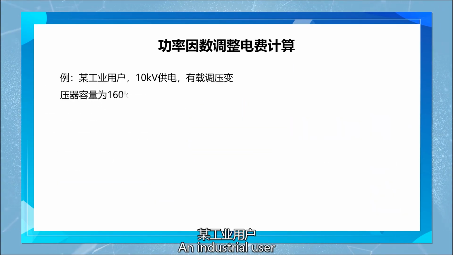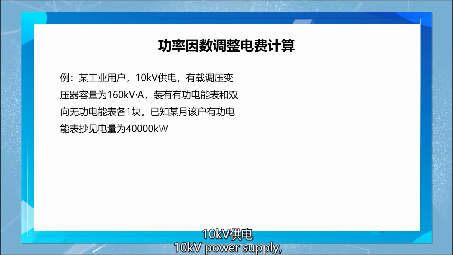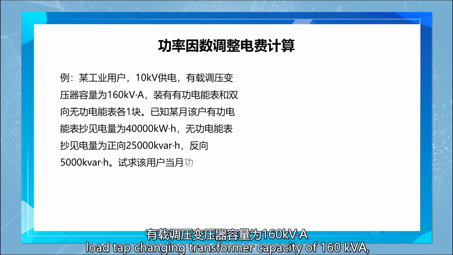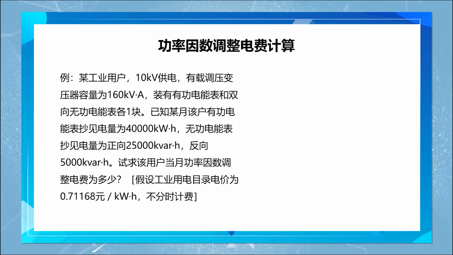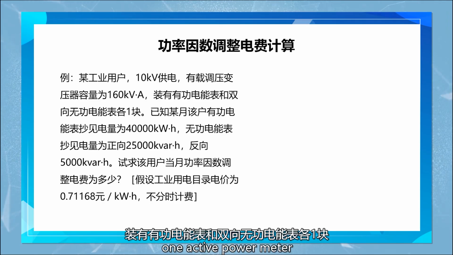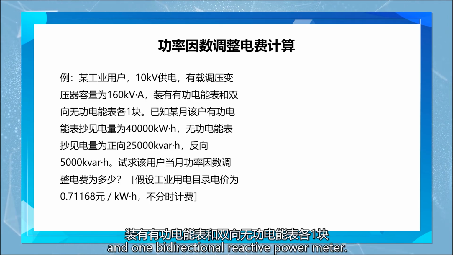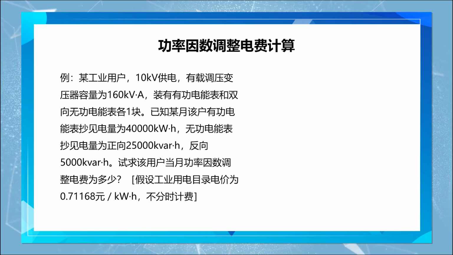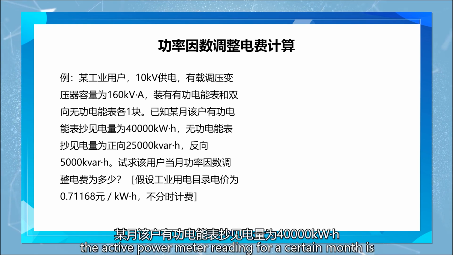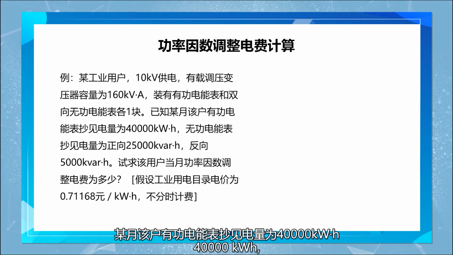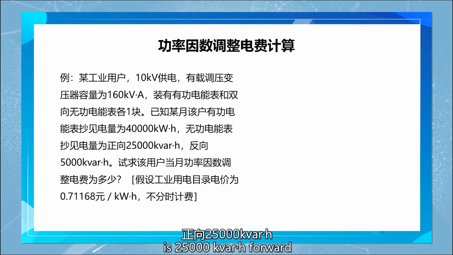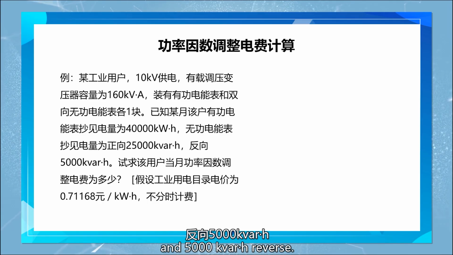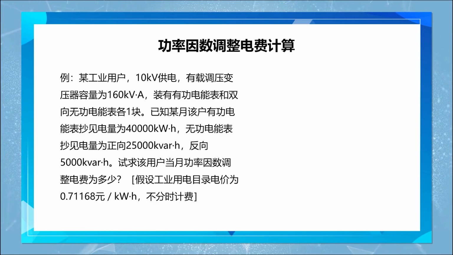Example: an industrial user, 10 kV power supply, load tap changing transformer capacity of 160 kVA, equipped with one active power meter and one bidirectional reactive power meter. It is known that the active power meter reading for a certain month is 40,000 kWh, and the reactive power meter reading is 25,000 kWh forward and 5,000 kWh reverse.